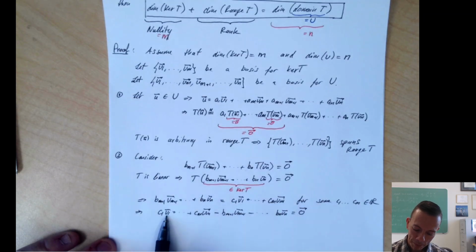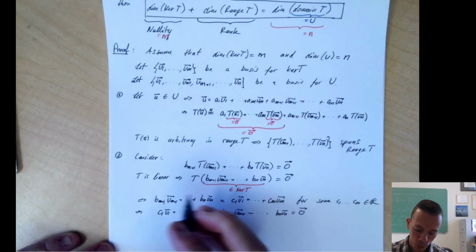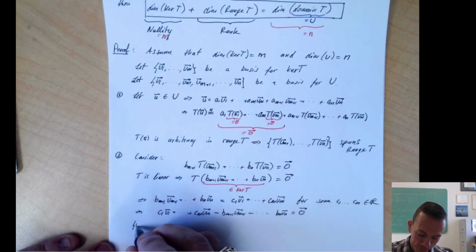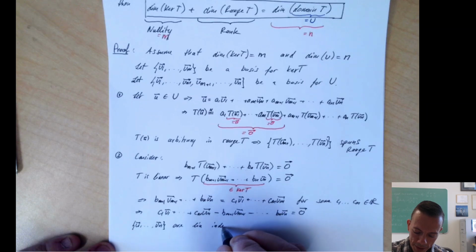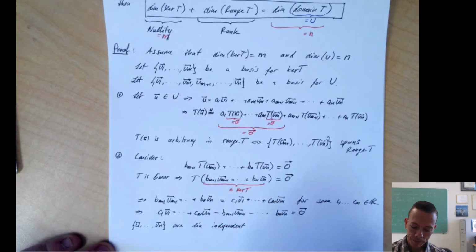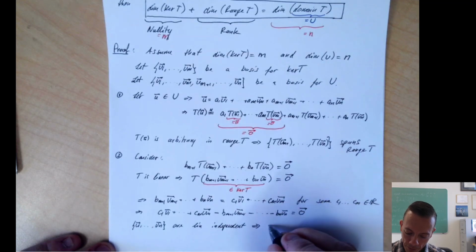So these vectors that we wrote right here, u1 to un, are a basis for U as we assumed up here, which means that set is linearly independent. That implies that all of these coefficients have to be 0 in order for this equation to be satisfied.